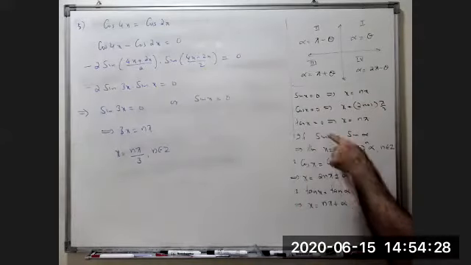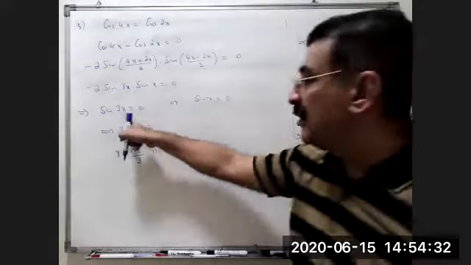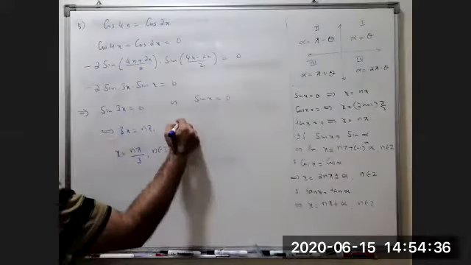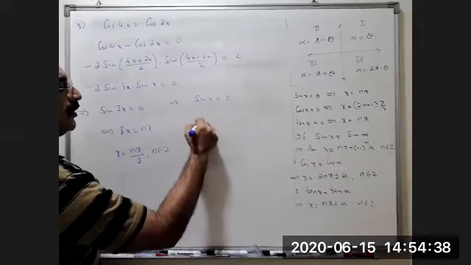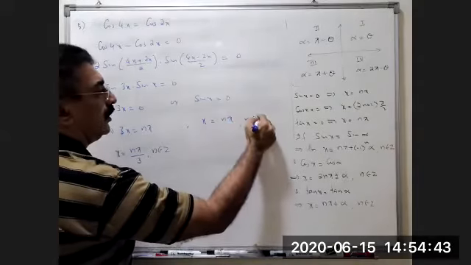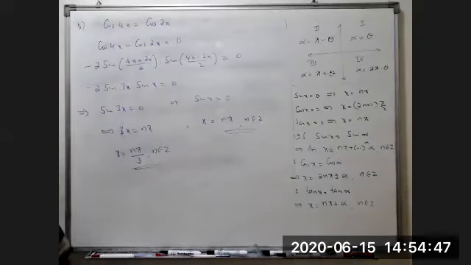If the first principal solution is not 0, then use the other formula. So 3x is n pi, or this gives x is equal to n pi, n belongs to Z. So these are the two general solutions.